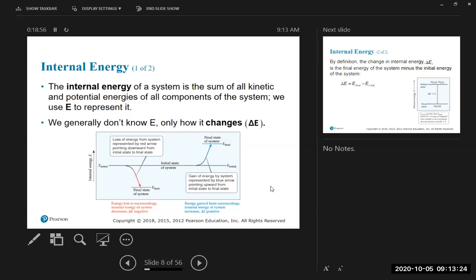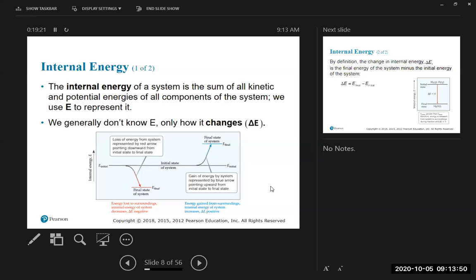So let's look at the first one, the one going down. I think that's the one with the red arrow. So there, energy went down, so we lost energy to our surroundings. Because it went down, then delta E is going to be negative. So we started with a bigger number, now we're a smaller number, it decreased.